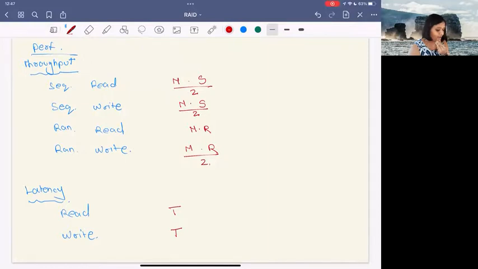Anybody able to think why we have sequential read and sequential write as N into S over 2? Thinking with an example seems like a good approach.